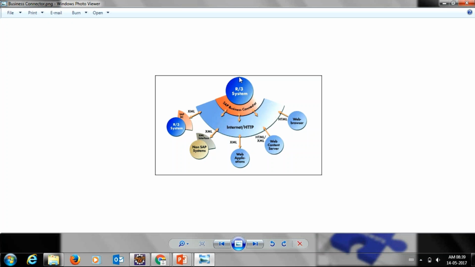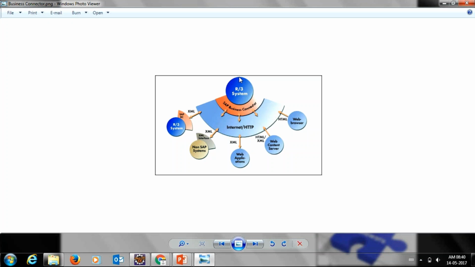Other than that, the other connectors, let's say HTTP, SOAP, all those adapters were provided by webMethods, and that software was bought up in the market. Okay, so this was the basic architecture of webMethods, where you had your R3 system.